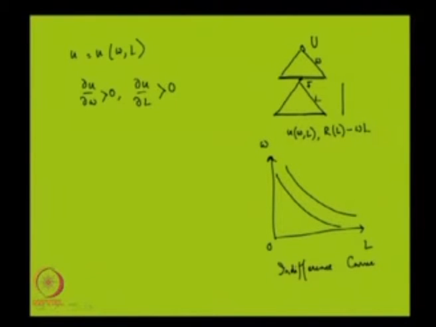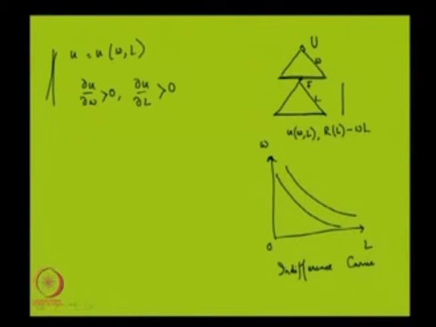And we have assumed that the curves are convex to the axis, but this does not necessarily follow from the utility function and the assumptions that are given.